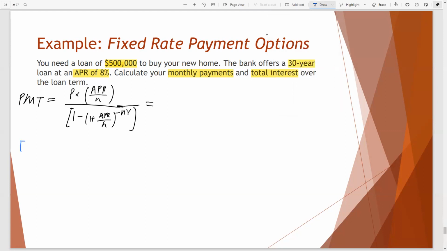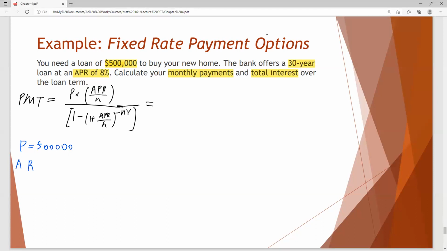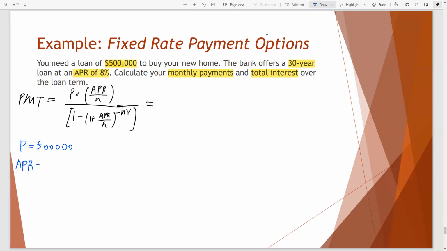Last question, I don't have enough space. So 500,000, a lot of zeros, 5 zeros. Annual percentage rate, that's 8%.